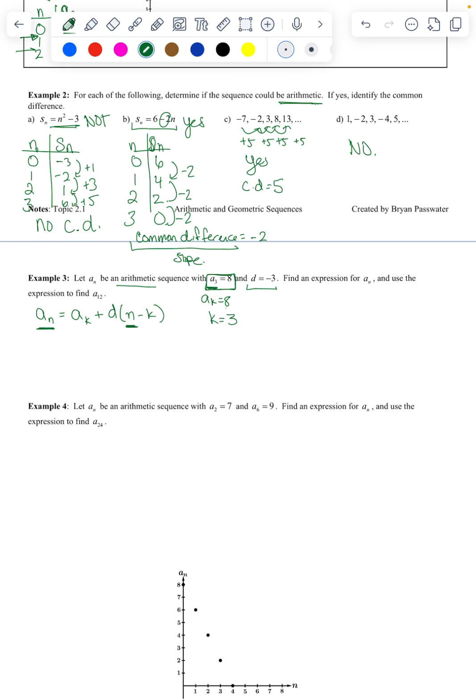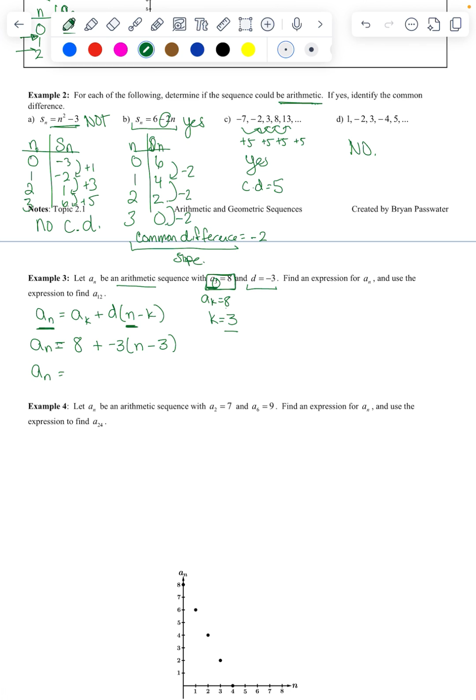K is going to be 3. K is that 3 right over there. So let's plug in everything that we know. So a sub k is 8 plus our d, which is -3, times n minus k, which is the third term. And you simplify this.